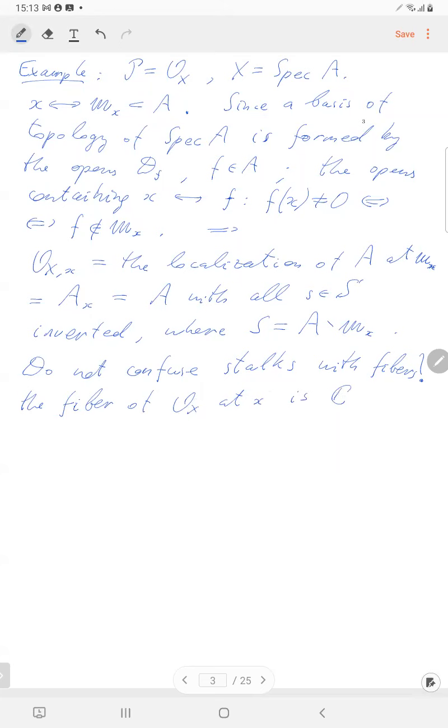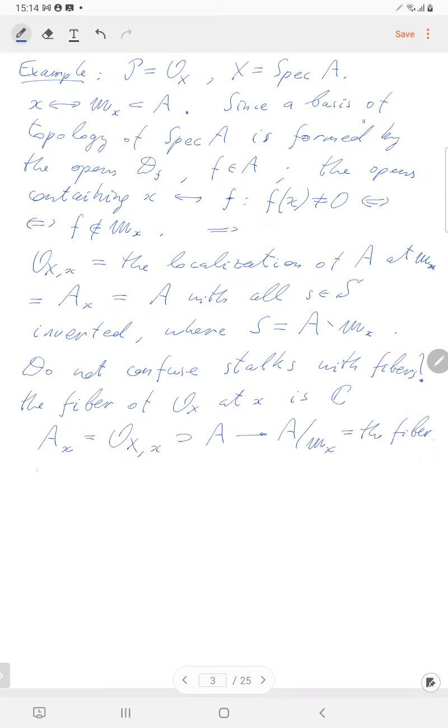So it's very small, and the map to the fiber is just the value of your function at x. But the stalk is very big. You have this stalk A_x, and it contains A, but A maps onto this fiber. Anyway, that's the notion of the stalk.